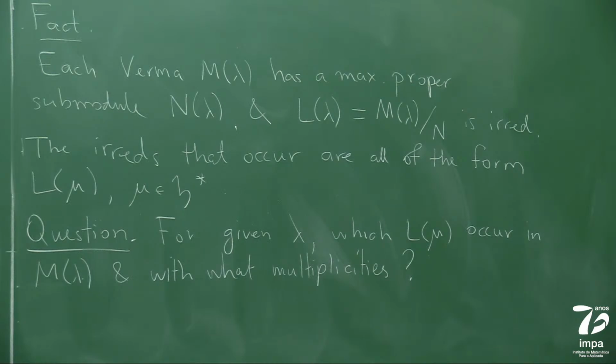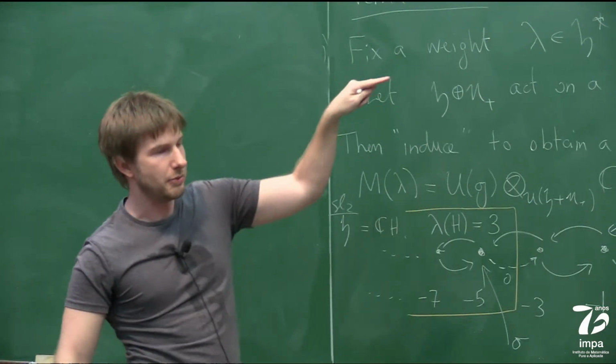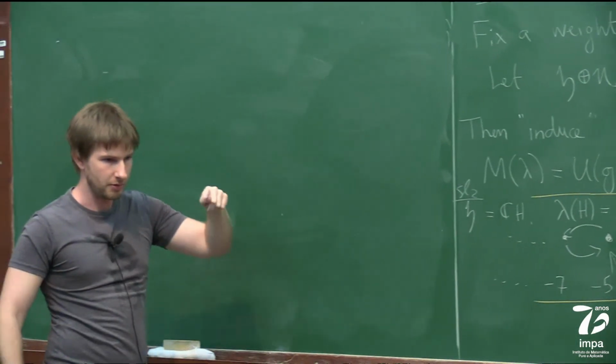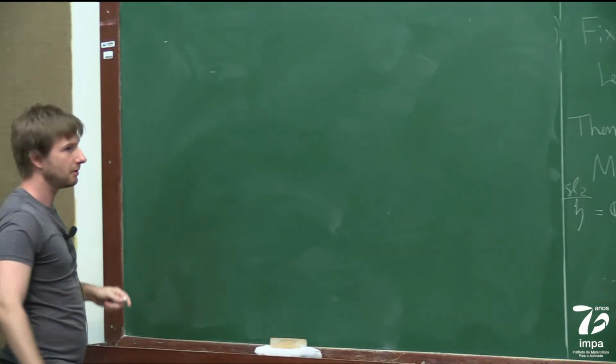Now, first observation along these lines is that if a given L mu appears as a composition factor, then simply by composing with the projection from M mu to L mu, you'll get a map from M of mu into M of lambda.